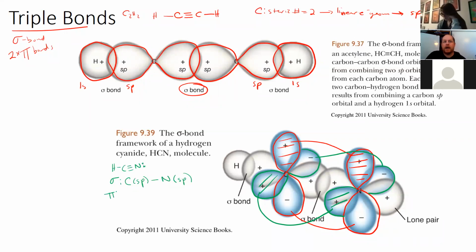Then you have one of the pi orbitals coming from a carbon 2p. Now, in general, if you're doing this, you should label these in many cases by picking one of the 2p orbitals that they're going to overlap. Since we want to align our Cartesian coordinates for each of the central atoms, we could say that's coming from the carbon 2px aligning with the nitrogen 2px, just to make sure that it's pictured in your head that we have the same Cartesian coordinate system at play for each of these atoms.